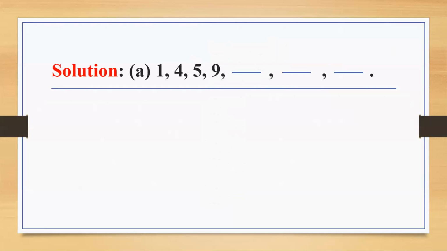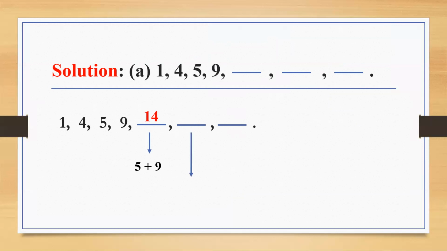Part A, we have 1, 4, 5, 9. So, to get the next term, we need to add the two previous terms. Here it will be 5 plus 9, which is 14. Now to get the next term, it will be 9 plus 14, which is 23. And finally, here we will have 14 plus 23, which is 37.